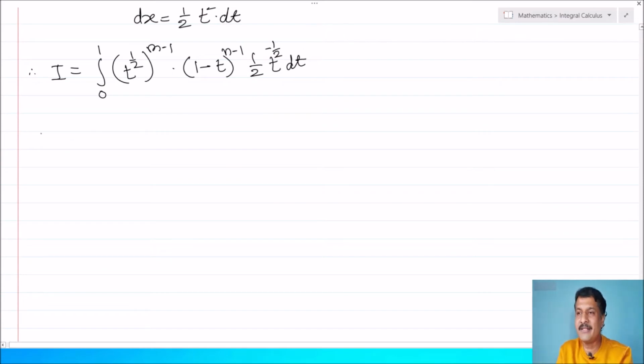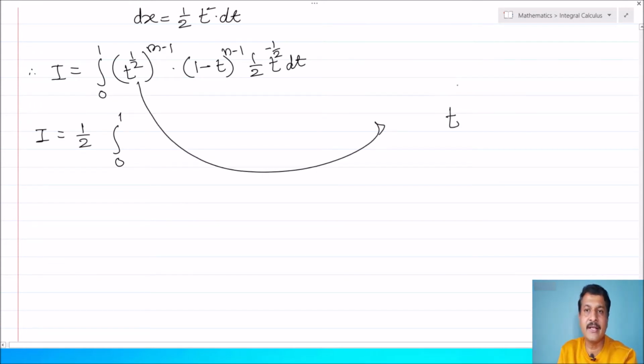Now simplify it, take the constant term outside. So 1 by 2 is outside, integration from 0 to 1. What is the power of t now? Here t raised to half raised to m minus 1, so I am getting 1 by 2 into m minus 1 as this power, and one more power of t, there is minus half. So what is the power of this one?